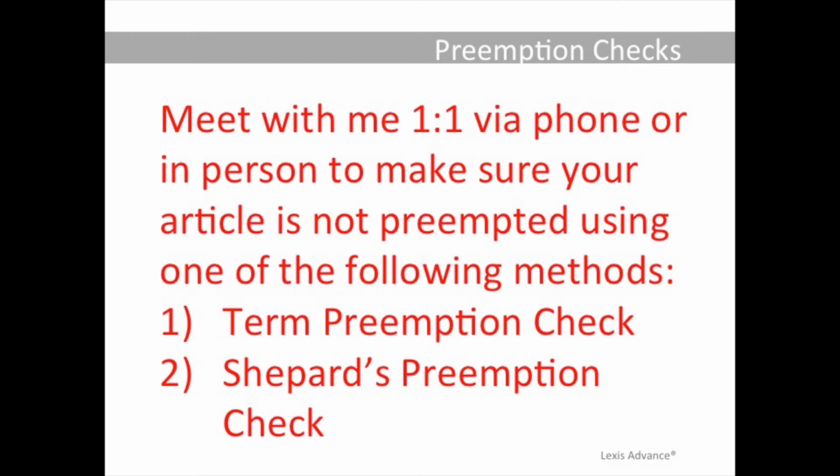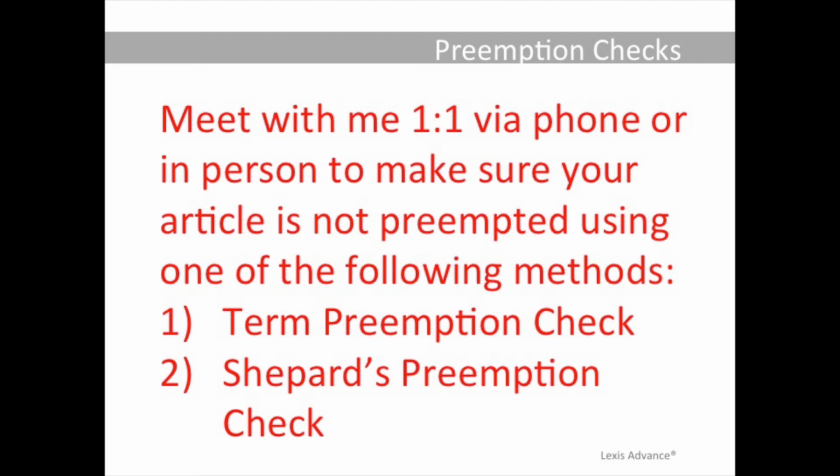That's what you care about here. You're going to look in the Shepard's report for law review articles that cite to your case or statute. Because you're focusing so carefully on a particular case or statute, if another law review article is going to preempt you, they're necessarily going to have cited to that case or statute, and you find them using a Shepard's report.